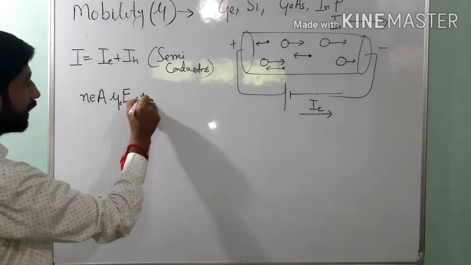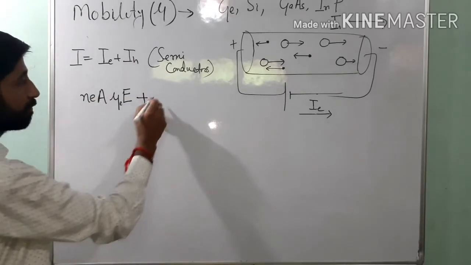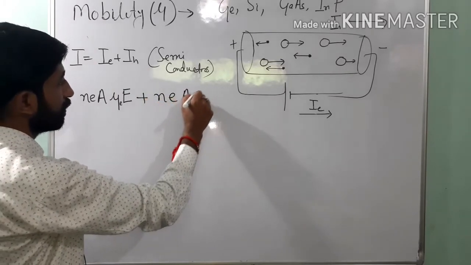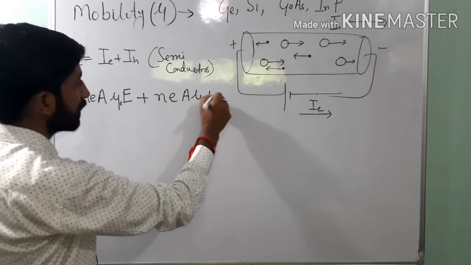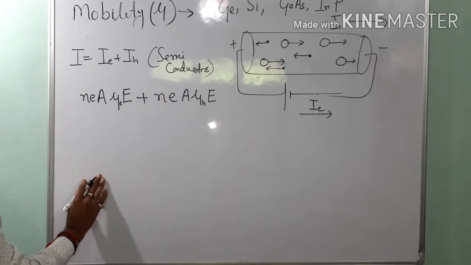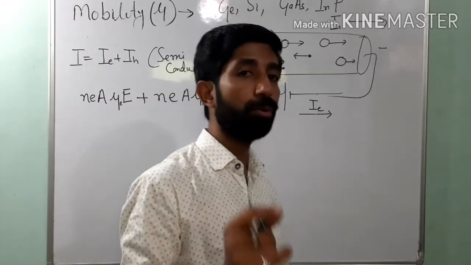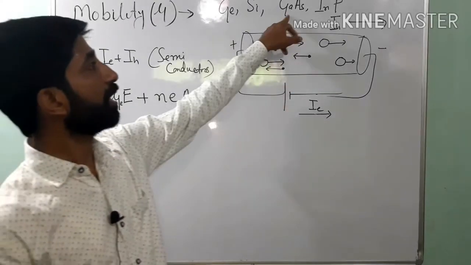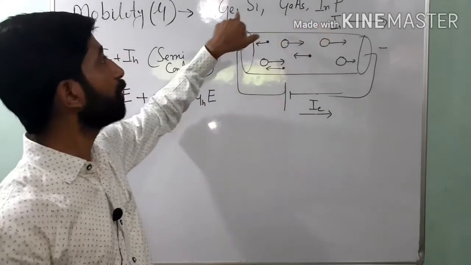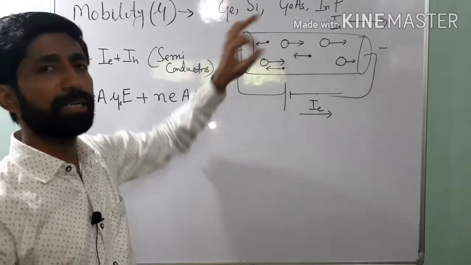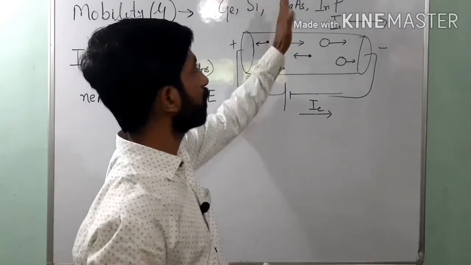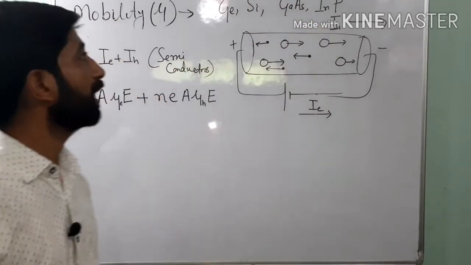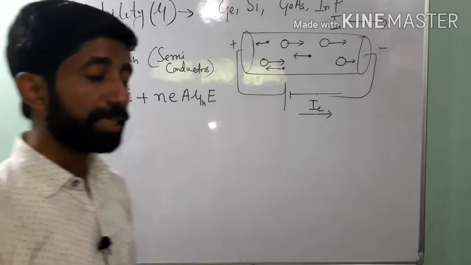So again, for holes: N E A, mu of holes and electric field. So now in semiconductors, the holes and electrons are generally not equal in number in artificial semiconductors, and pure semiconductors, that is germanium and silicon, are rarely used. So we shall talk about the artificial ones, in which both holes and electrons carry the current and they will be different in numbers.